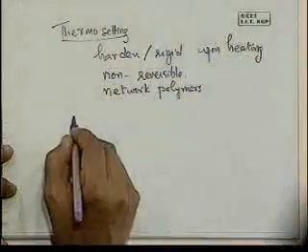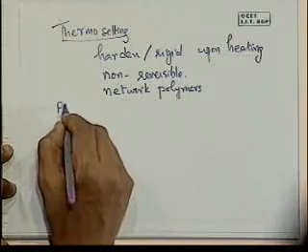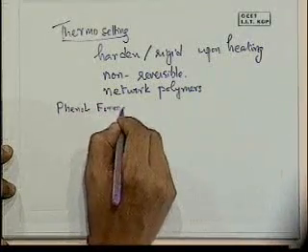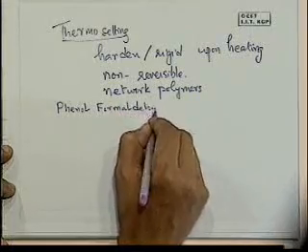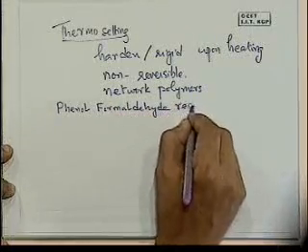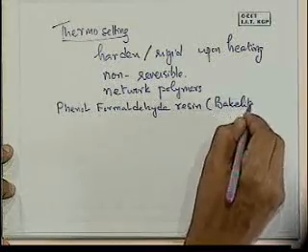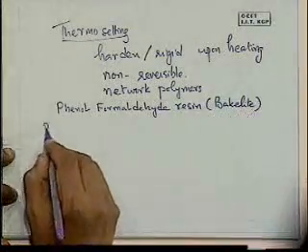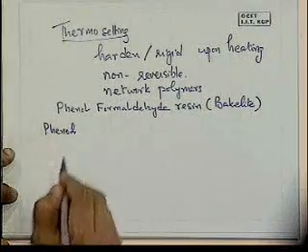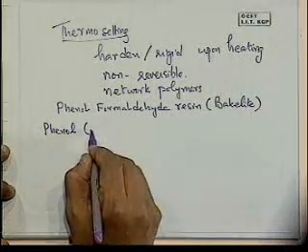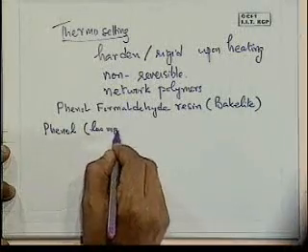Here's an example. The formation of phenol formaldehyde resin, which is also known as bakelite. We start with phenol, two phenols, which are low melting point solid.